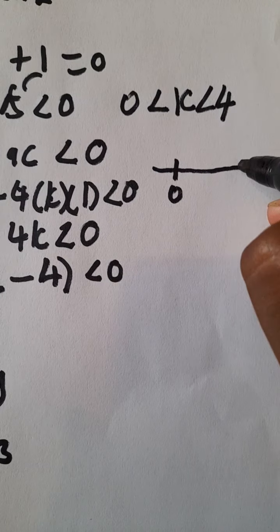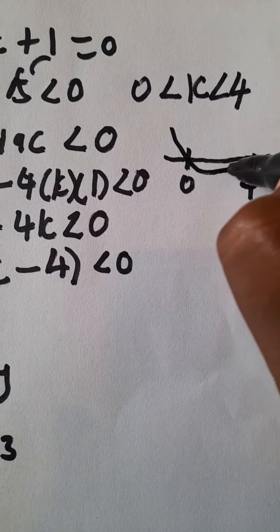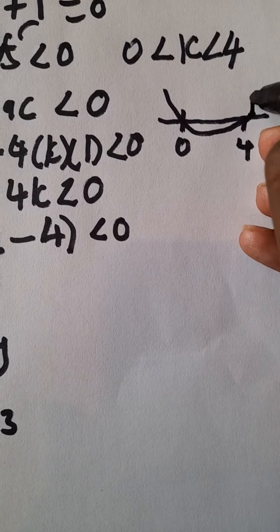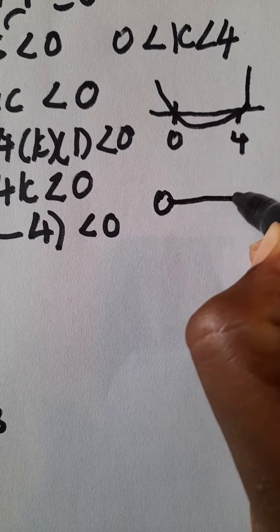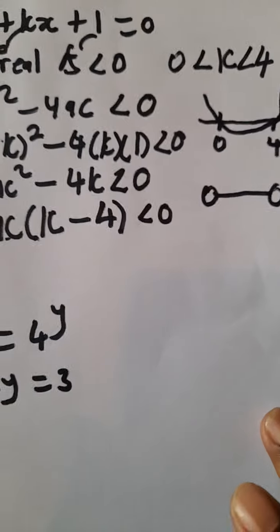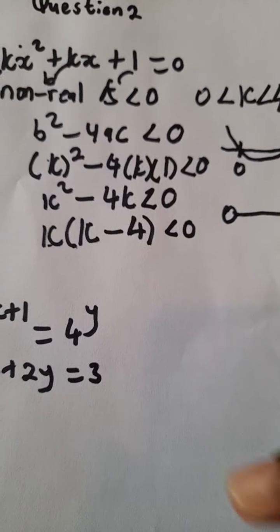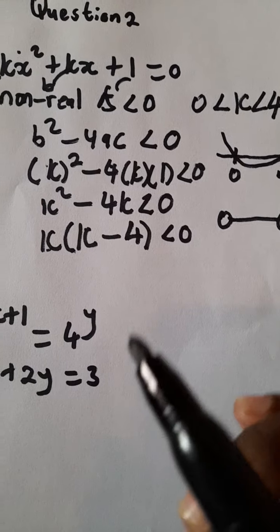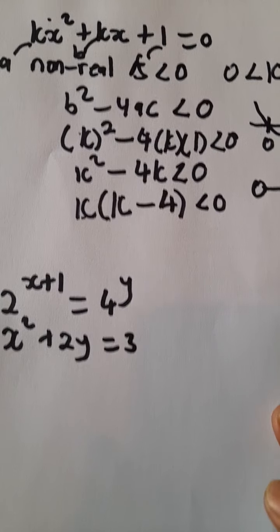This will be 0 and 4. We are going to have something like this. We can use open dots to represent it. So that's the solution for 2.1. So that's how you can find it. We use the discriminant to find these values of k.